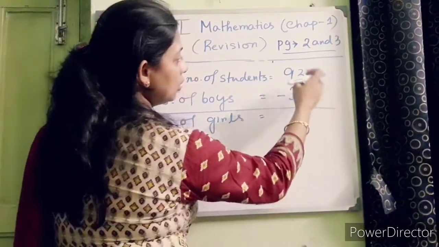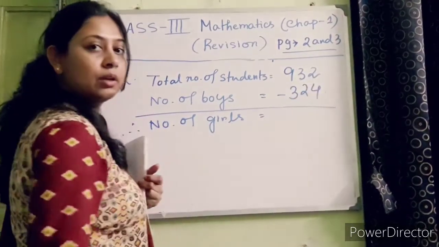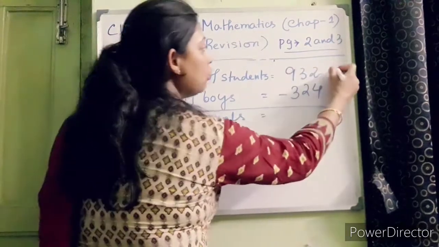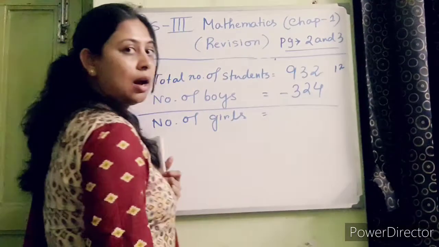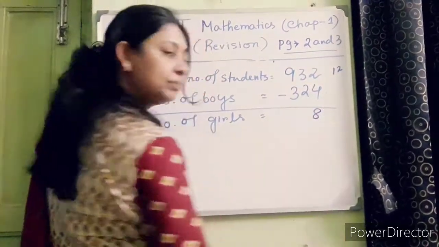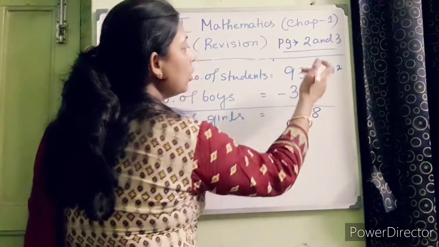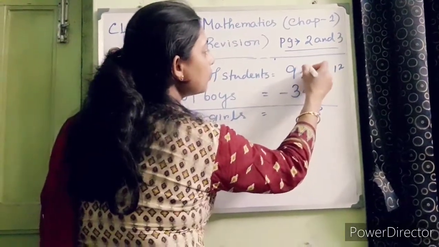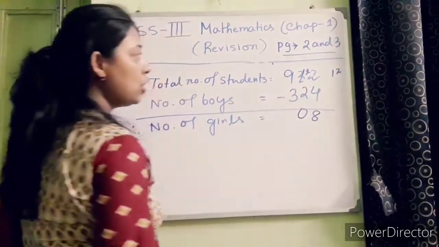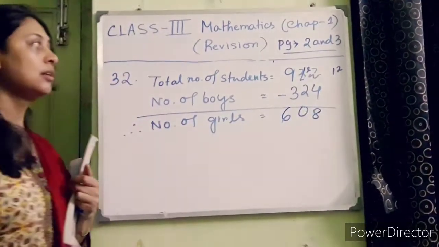2 is less than 4, so you borrow 1. It will be 12. After 4 you count up to 12: 8. When you borrow 1 from 3, it will be 2. So 2 minus 2, 0. 9 minus 3, 6.